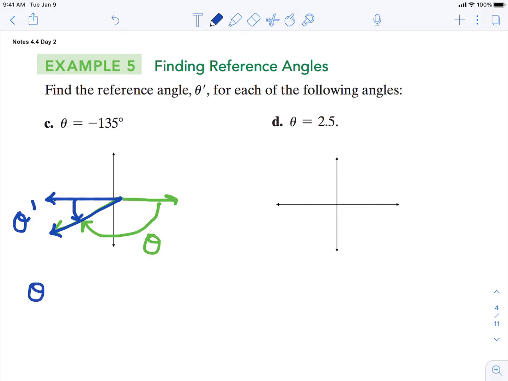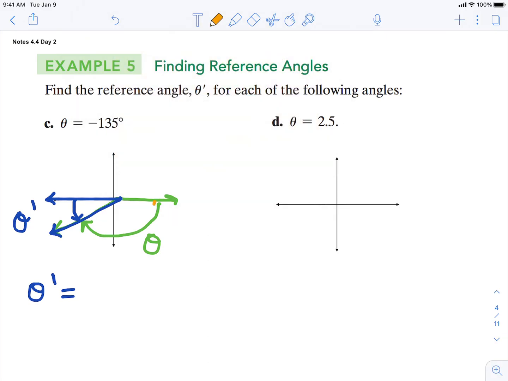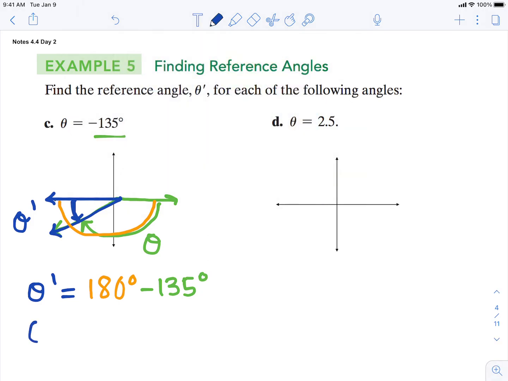So we want to find out what is the distance that that small angle measures. So this angle all the way there is 180 degrees in the orange. And we're going to subtract out what we have in the green, 135 degrees. And then what we'll be left with is our blue angle. So that blue angle is our reference angle. So that would be 45 degrees.